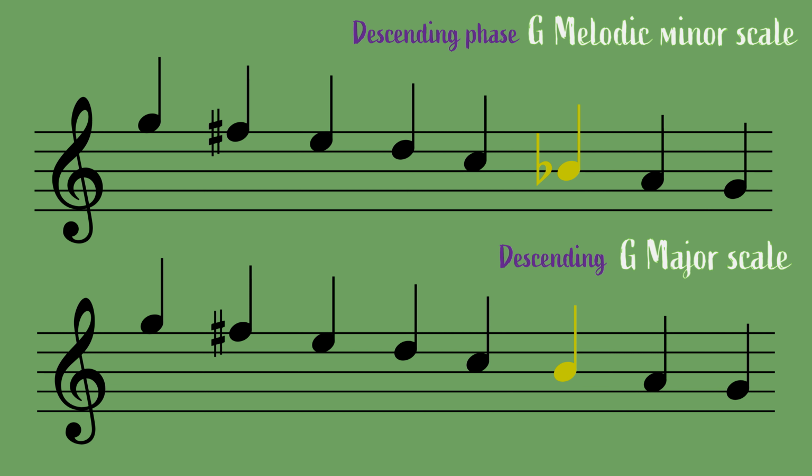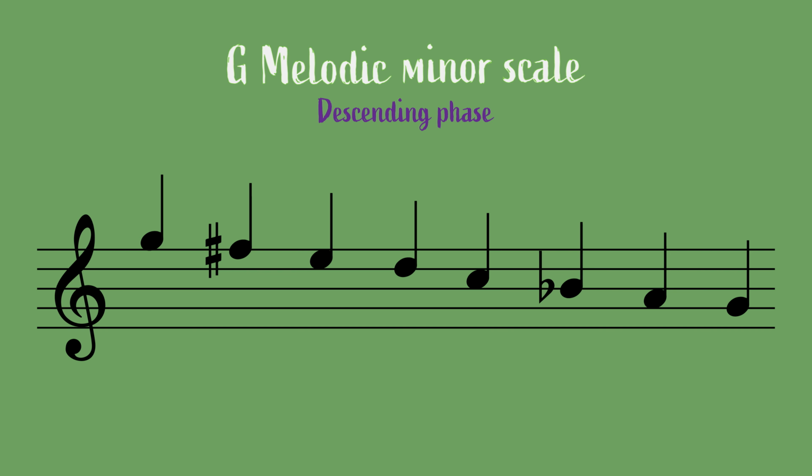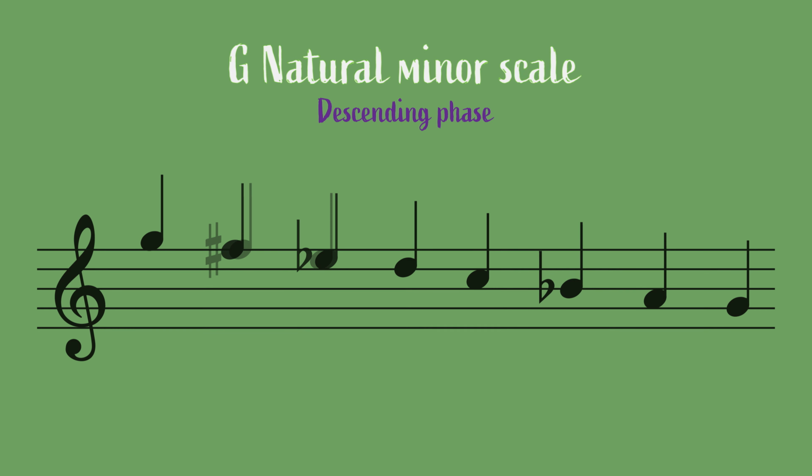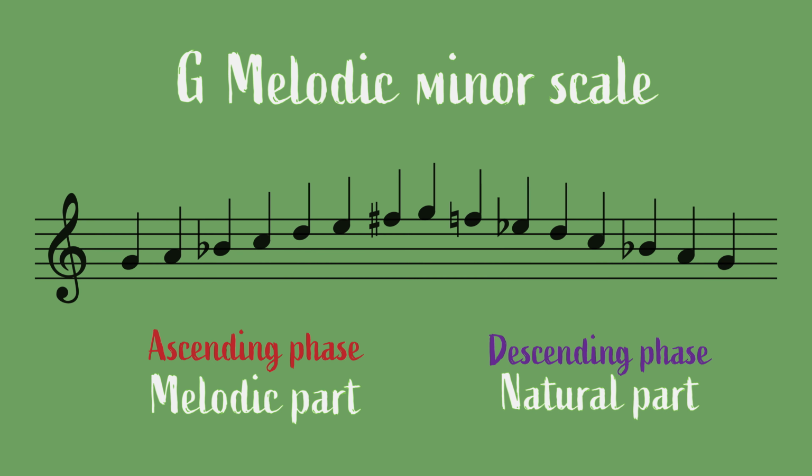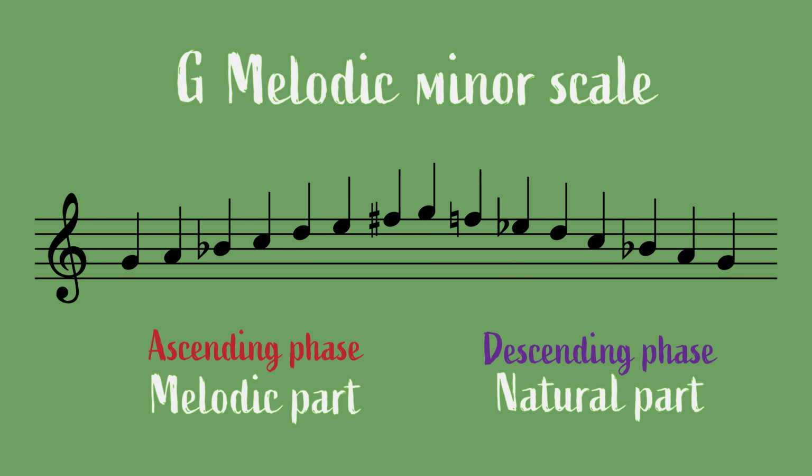But when you play the descending phase, you have to wait 6 notes to hear the minor third, which gives the beginning of the scale a very major sound. So those same people decided they wanted to keep a minor sound all along the descending phase. So they decided to make the descending phase of the melodic minor scale a descending natural minor scale instead. So a full melodic minor scale is constructed like that, and therefore it sounds like this.